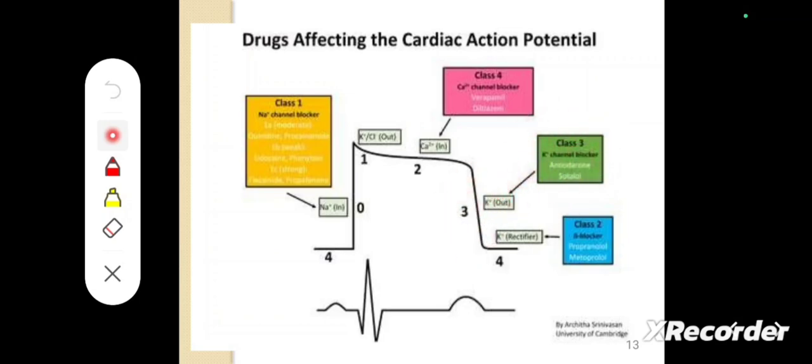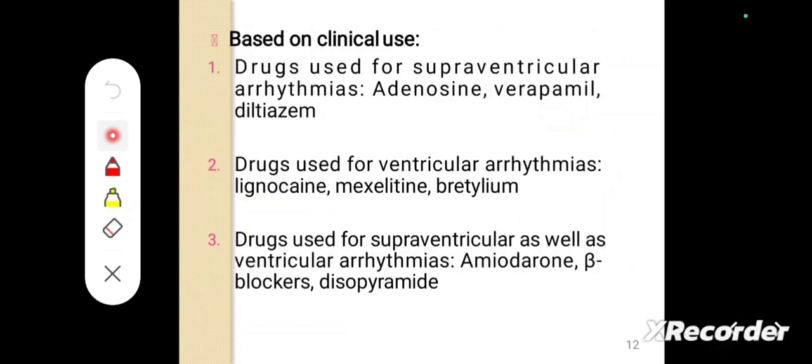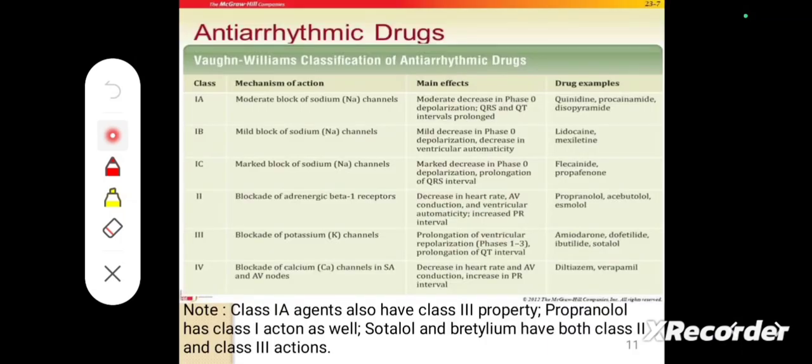And fourth class, that is the calcium channel blockers, they mainly target phase 2. So looking at the chemical classification of antiarrhythmic agents given by Vaughan Williams classification, there are four main types.